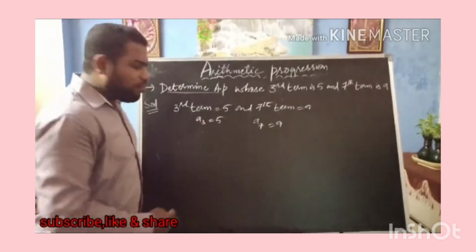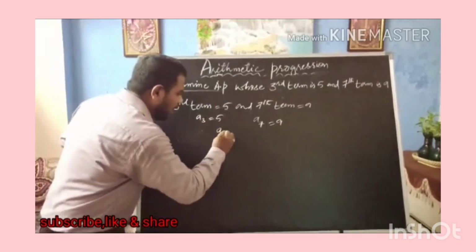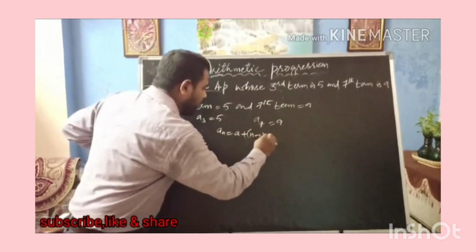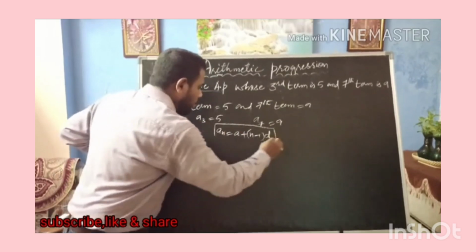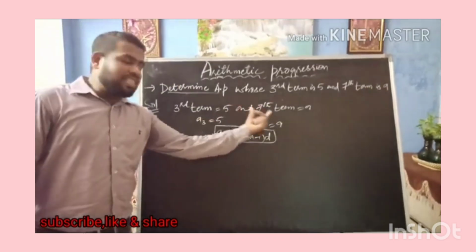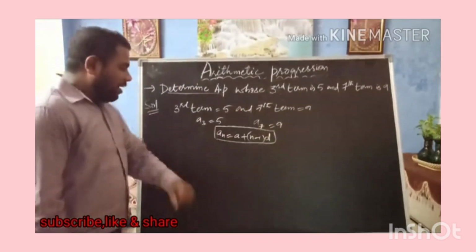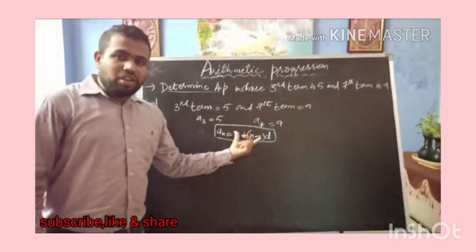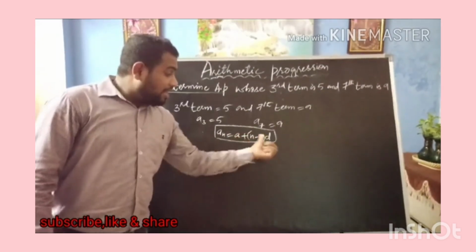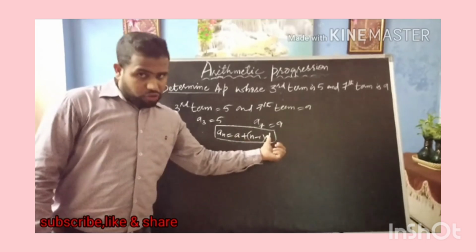Here we are going to use the same nth term formula. Just now we studied the nth term formula. What is the nth term formula? That is an equals to a plus n minus 1 into d. So now we are going to use the nth term formula for the third term as well as for the seventh term here. See, in this question there is no series given to us. It means we do not have the first term a, neither we have the common difference d.